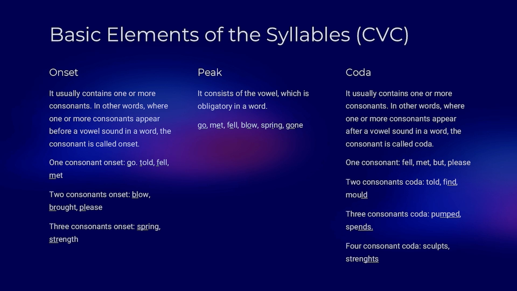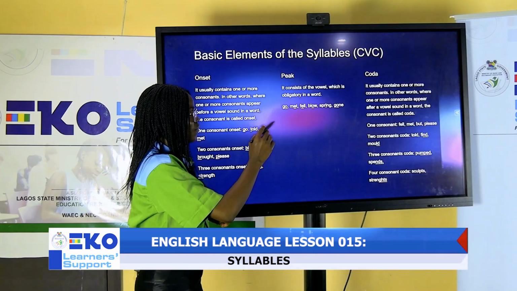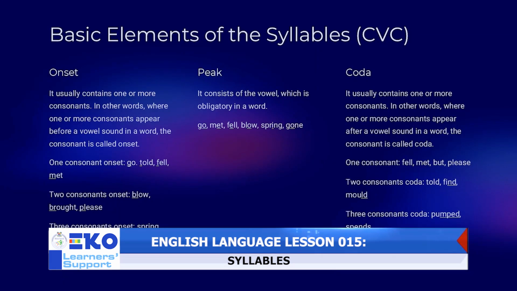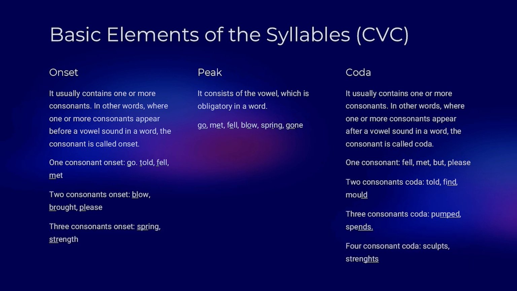It usually contains 1 or more. So we can have 1, we can have 2, we can have 3, we can have 4, which always comes after the vowel sounds. Let's look at examples. For instance, if you have 1 consonant at the end, that is after the vowel sound, we have fell. So the L there represents the coda, which means that it comes after the vowel sound.